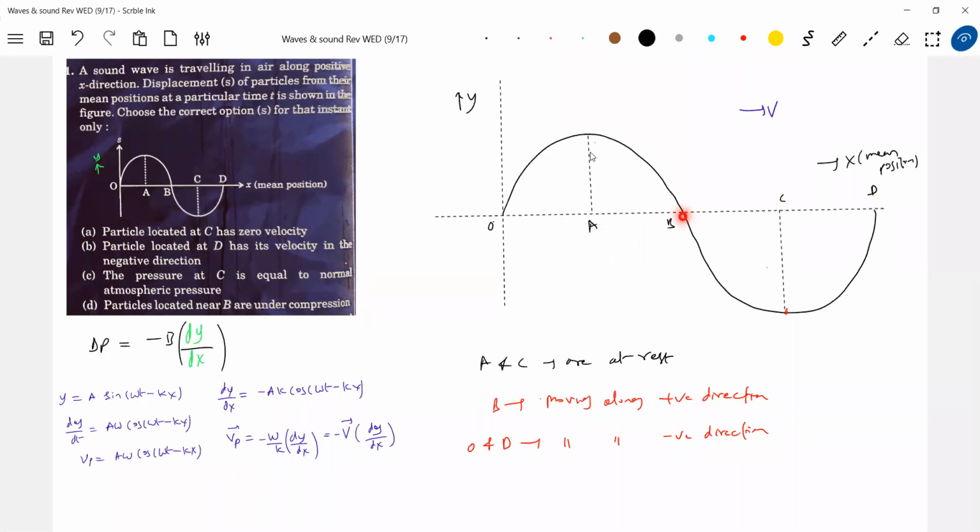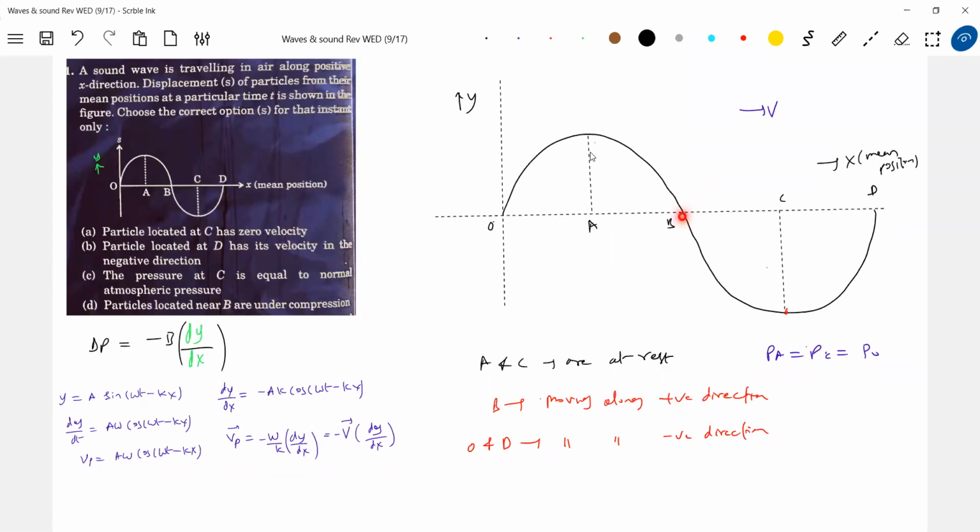How to check which is compression and which is rarefaction? Anybody wants to answer? By dy by dx, the slope. A and C are at rest, and the pressure at A and C equals P naught. We know at the mean position kinetic energy will be maximum, and even the strain energy will be maximum.